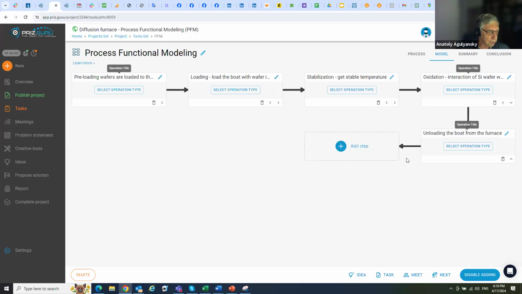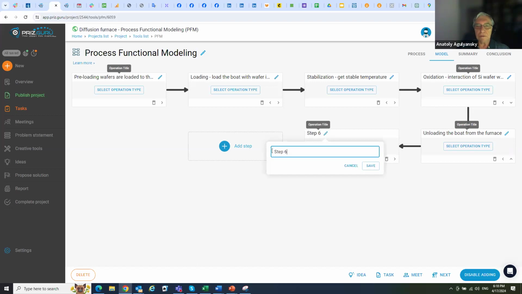And the next one, we need cooling and unloading wafers from the boat.